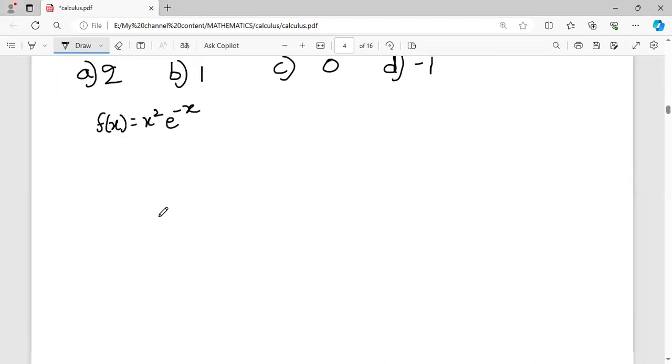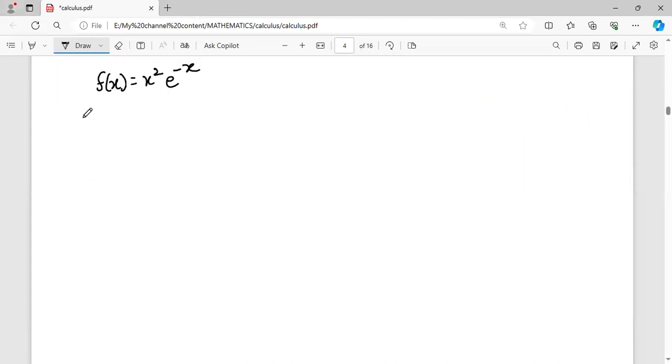So first of all, you have to do the first differentiation. f dash of x equal to. Here, it is in the form of UV, differentiation of UV.